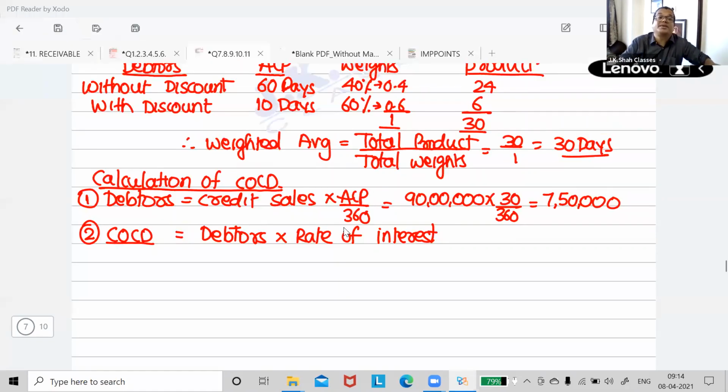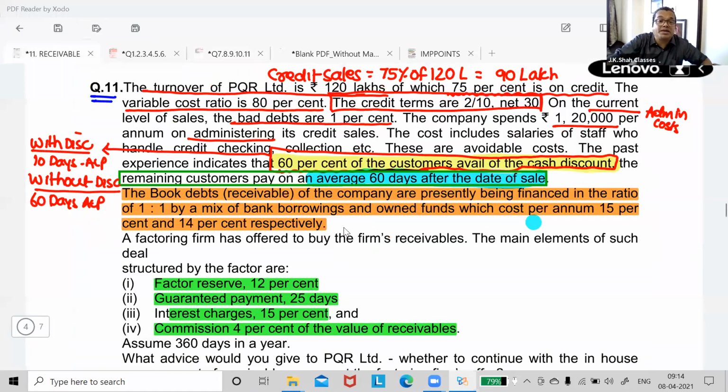1:1, 50-50%. Book debts of the company are presently financed in the ratio of 1:1. 1:1 means half, that is 50-50% by mix of bank borrowing and own funds. So when I solve, I have two options.